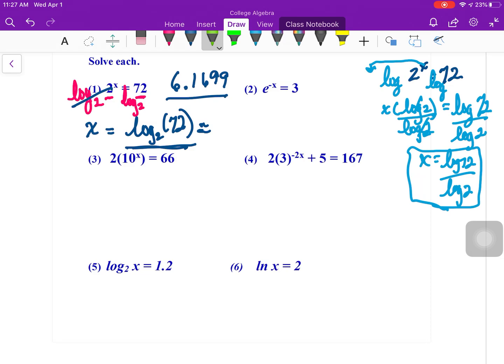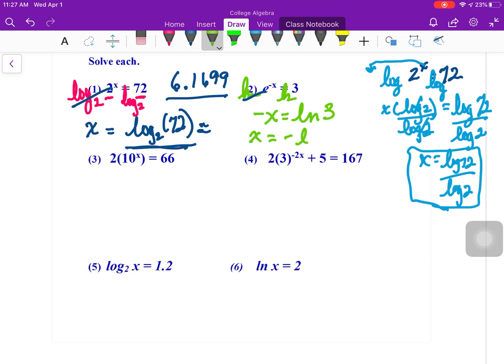All right, let's try another one. E to the negative x equals 3. Can you ever get 3 to be base e? No. So we're going to natural log both sides. So again, this reduces, and I have negative x equals ln 3. Well, I want positive x.